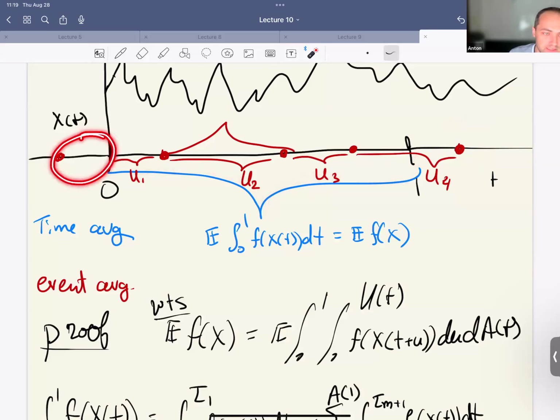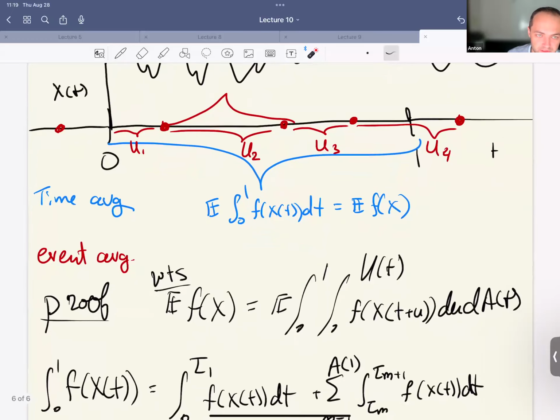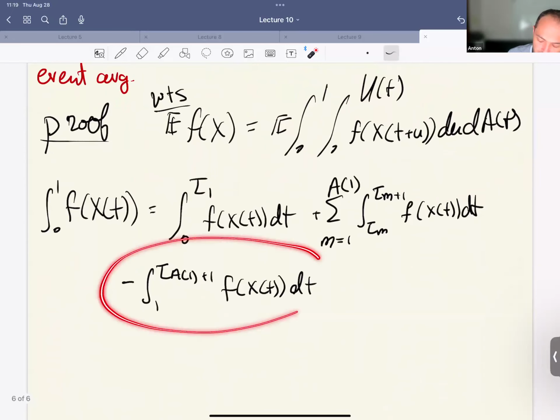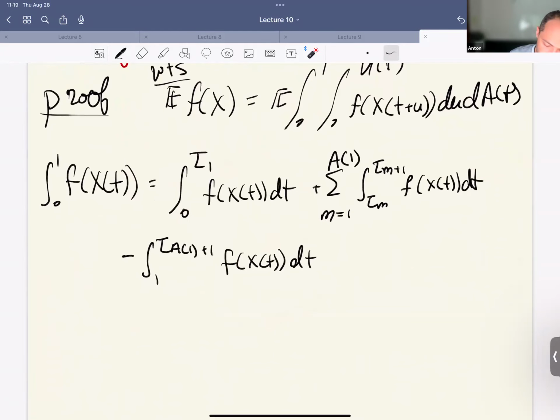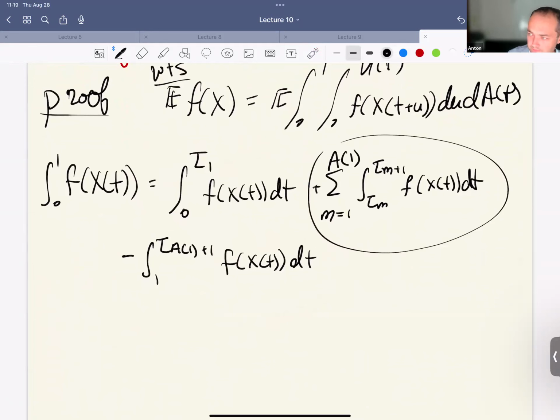So we kind of want to throw away this left tail, and we want to throw away the right tail. But we cannot, because we have to start at some point and observe what happens into the future. In stationarity, the leftover part on the left and the leftover part on the right are going to be the same, distributionally speaking. So this is the leftover part on the right, this is the leftover part on the left. In steady state, these two things cancel out. Okay, so I take just this part.